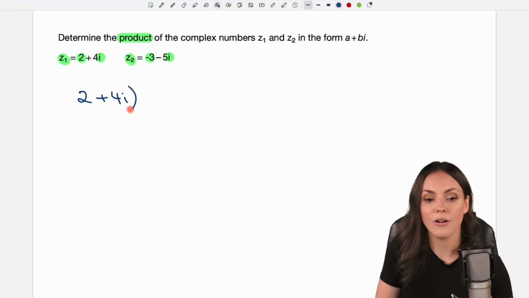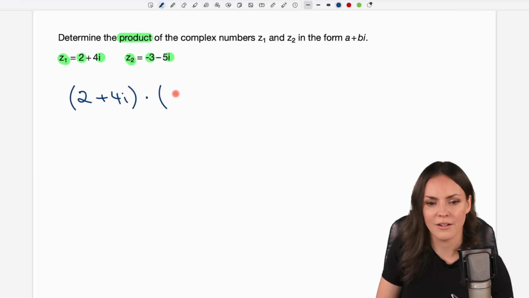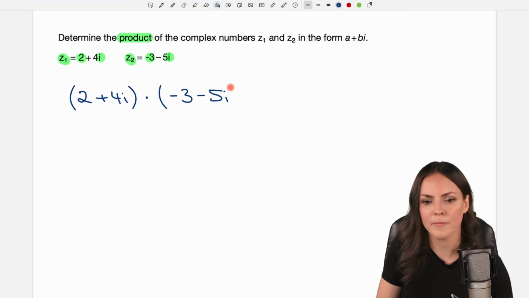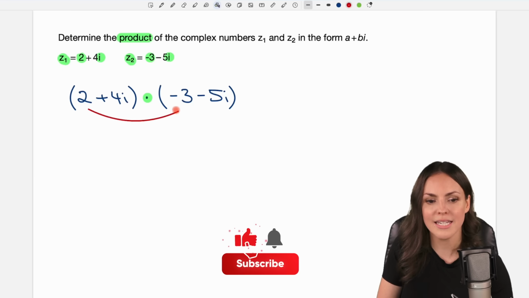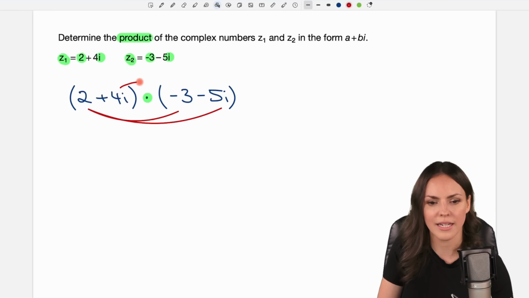We have to write all of this in parentheses this time because of this plus. And we're going to multiply this by our second number, negative 3 minus 5i. Okay, let's multiply this by multiplying each element of the first parentheses by each element of the second parentheses. So everything with the 4i here as well.